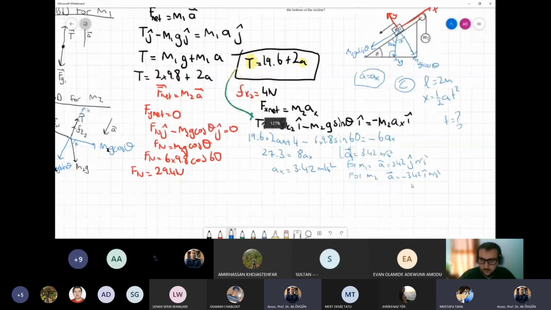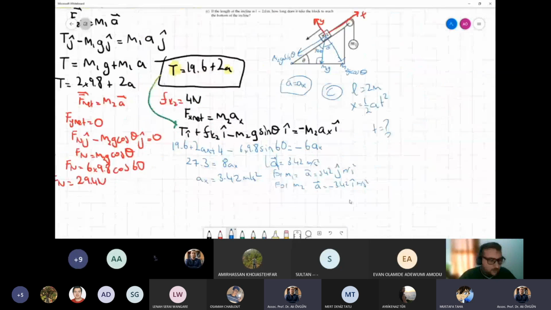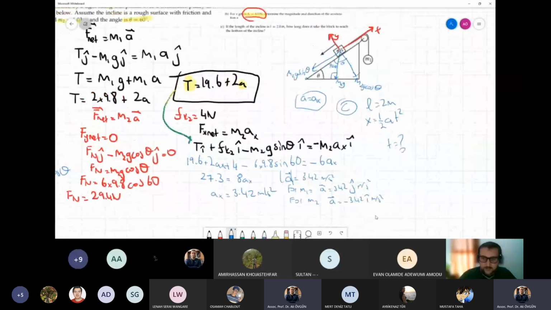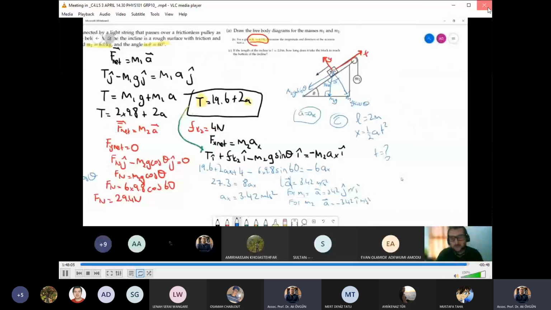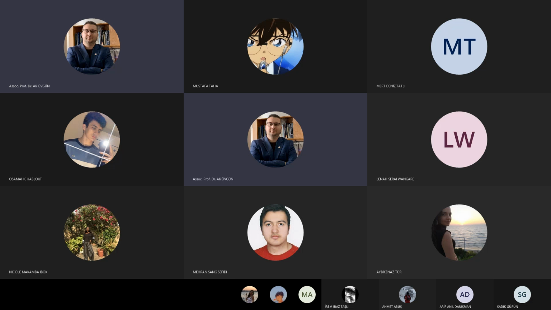Doctor, can I ask a question? Okay, here, maybe you didn't see it, but you can see the answer. And this is chapter 5. If you have a question, please ask. When you were sketching the FBD for M2, it was written that down is mg sine theta.